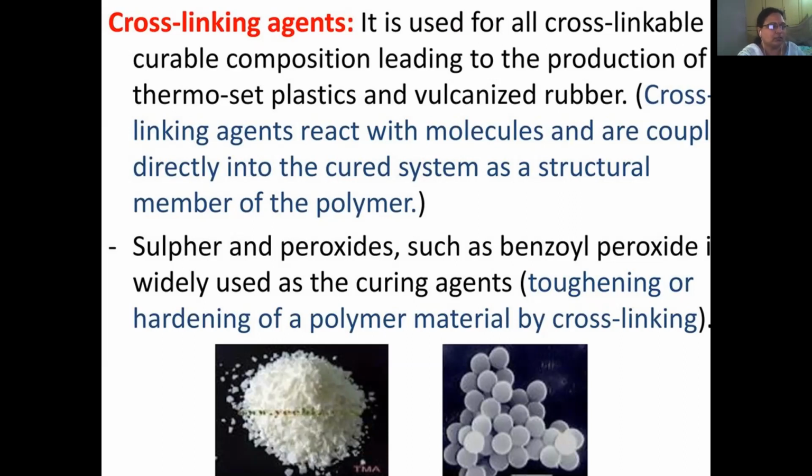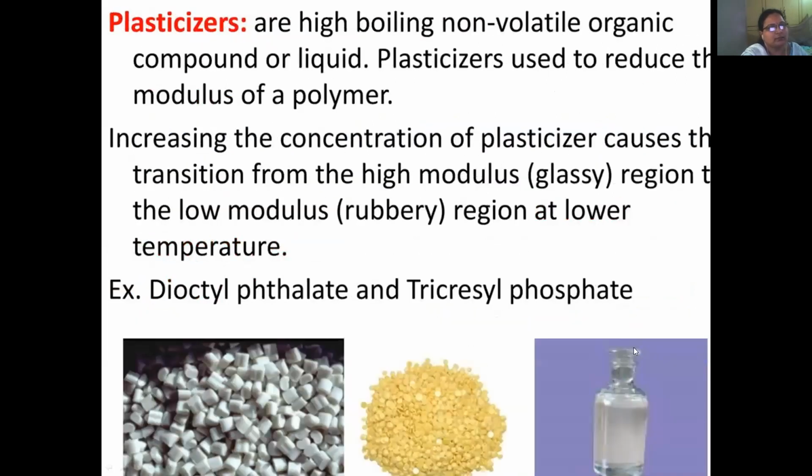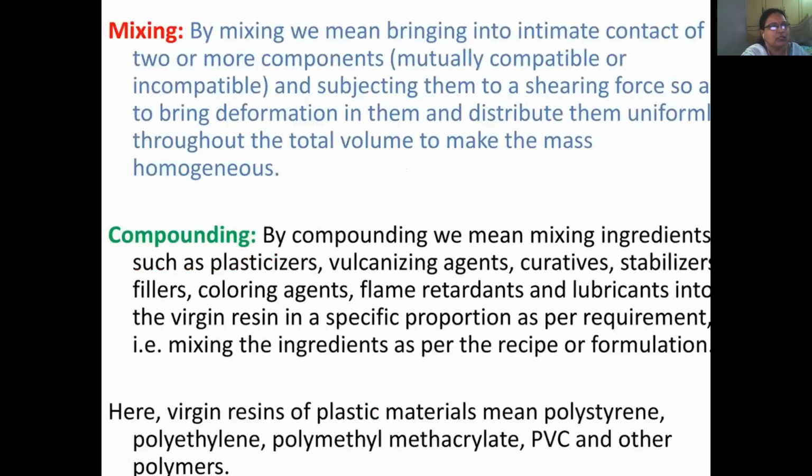So all these are about compounding of plastics. It is done in order to improve the properties of polymers. So as given, that is plasticizers, stabilizers, then fillers, then colorants, then lubricants, and then cross-linking agents.